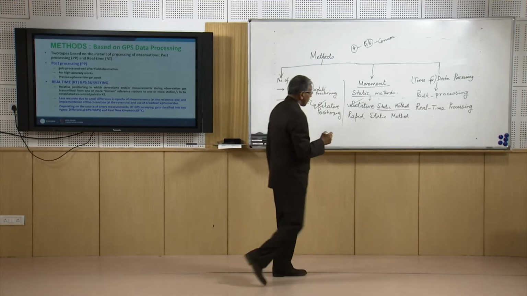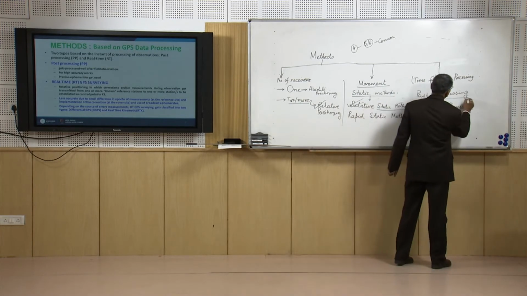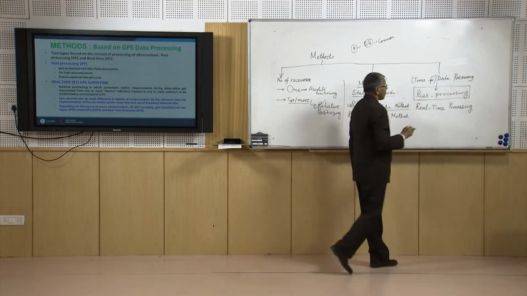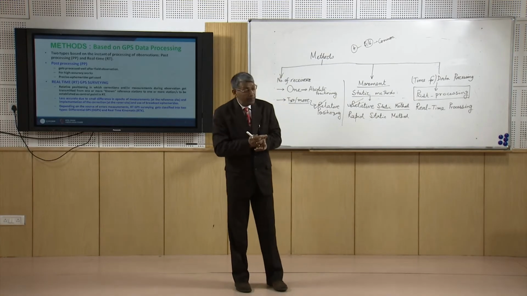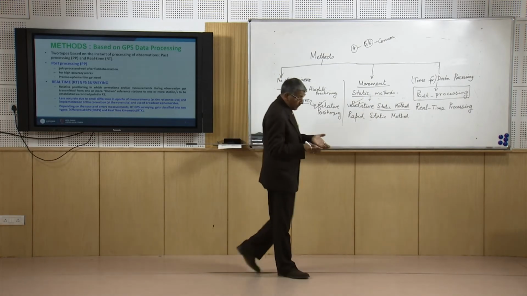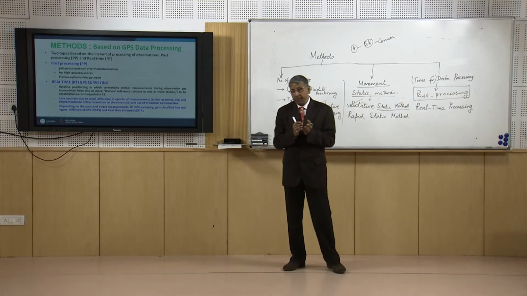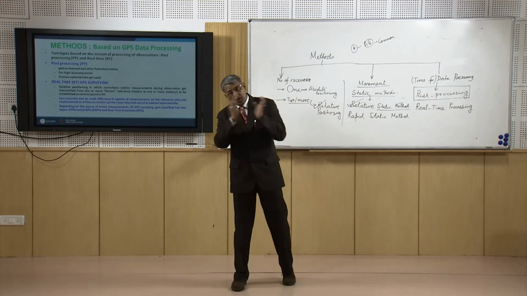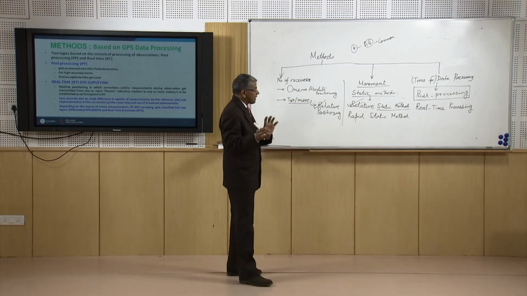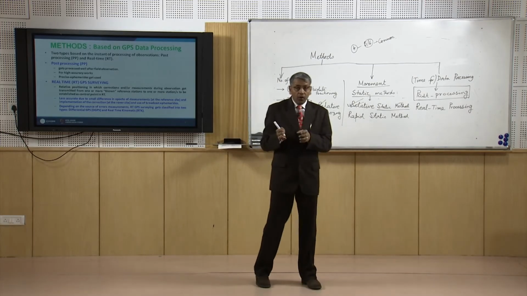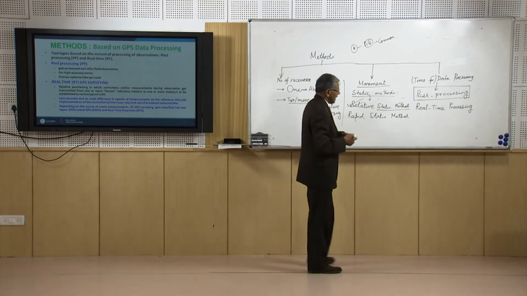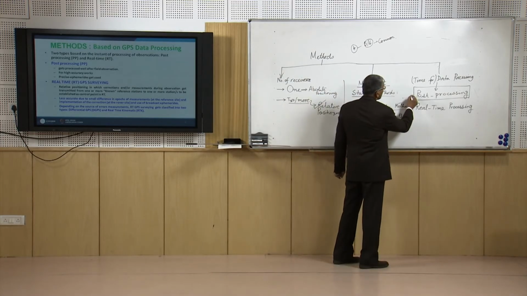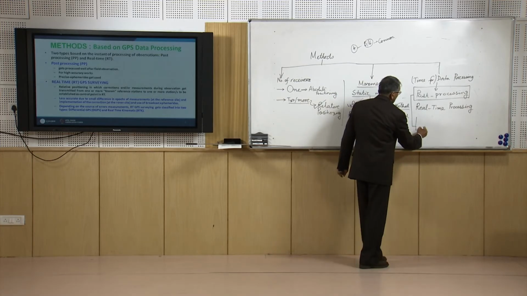Now, in the case of post processing, once the data has been observed, that data will be transferred from the field computer to the office computer, and then in the office computer we can make use of defined post processing software. As I already told you, there are basically two types of post processing software.